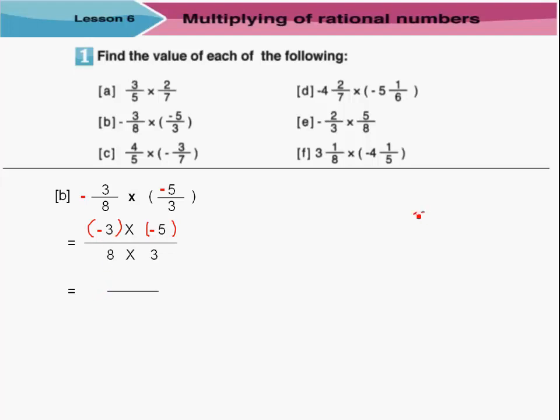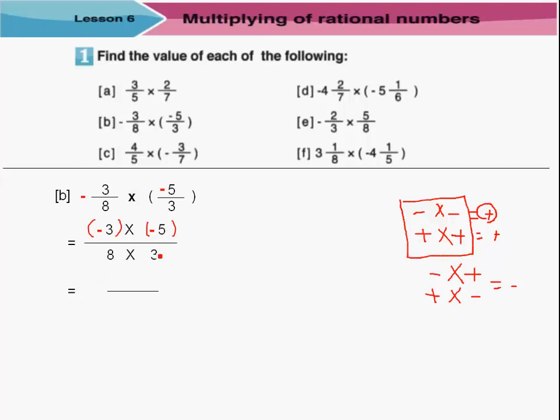I told you if you multiply minus times minus it will give plus, plus times plus gives plus, which means if you multiply the same signs, it will give a plus sign. But if you multiply minus times plus or plus times minus, it will give a minus sign. So here minus times minus is equal to plus. We don't write the plus sign.